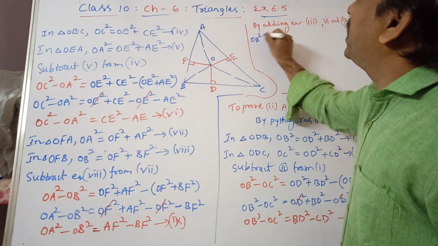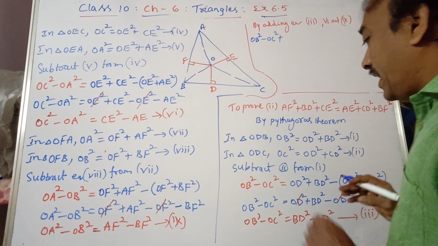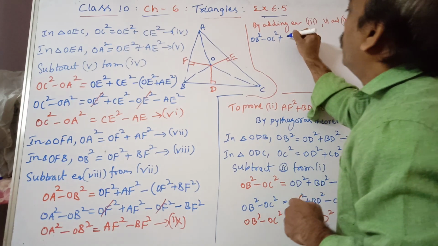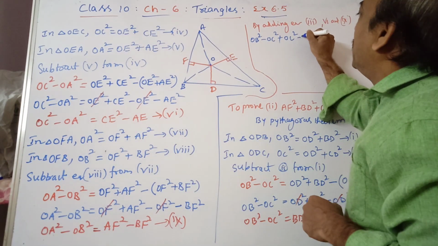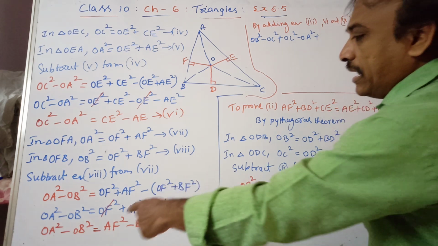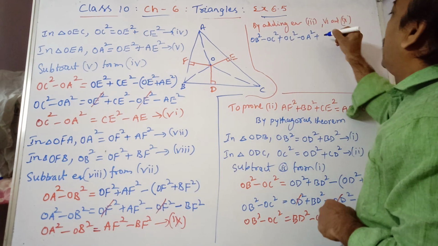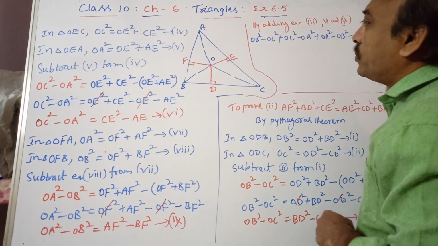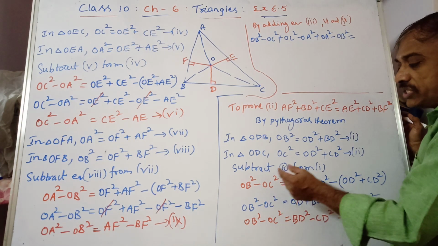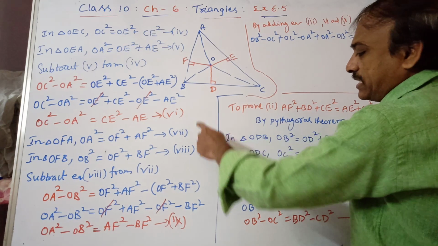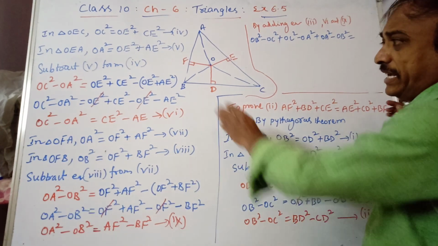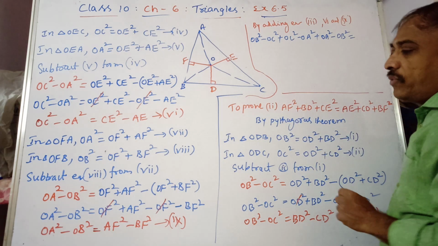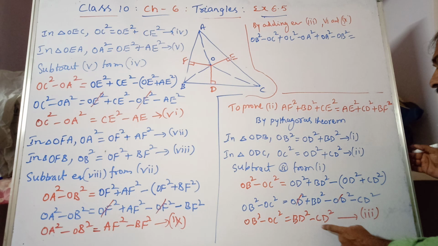So OB square minus OC square, plus OC square minus OA square, plus OA square minus OB square is equal to, these are all the LHS parts of equations 3, 6 and 9. Now the RHS part: BD square minus CD square.